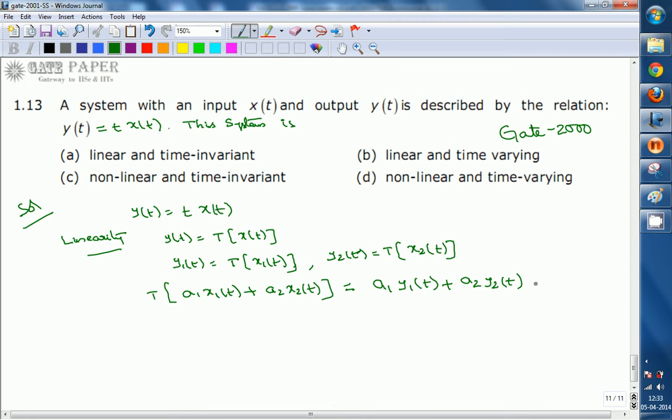This has to be satisfied. When this is satisfied, we can say that the system is linear, otherwise non-linear. So we need to check this condition now.